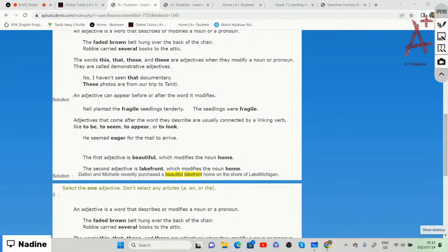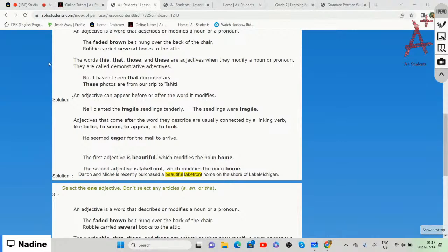So it's both words, right? Beautiful and lakefront. Both of those adjectives, the first one as well as the second one, modify the noun, which is home. It tells us about the noun. It is a beautiful lakefront home.